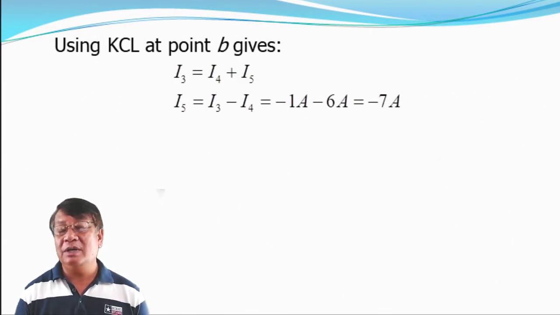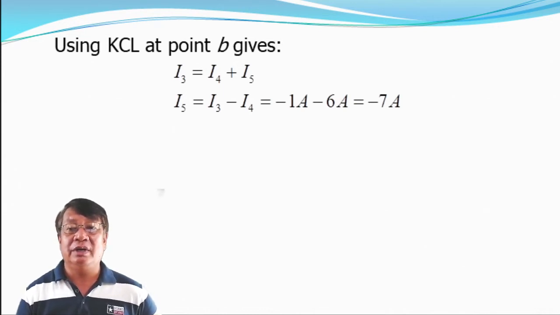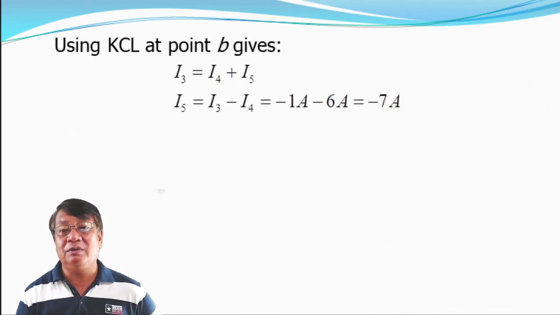Since I sub 3 was already determined, our unknown now is I sub 5. So I sub 5 is equal to I sub 3 minus I sub 4. We solved I sub 3 earlier as minus 1, and I sub 4 is 6, so we have minus 1 minus 6.